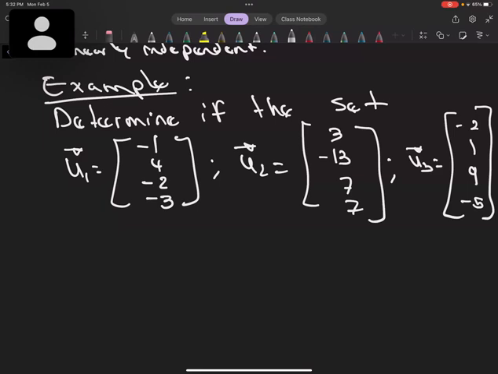Is linearly dependent or linearly independent?